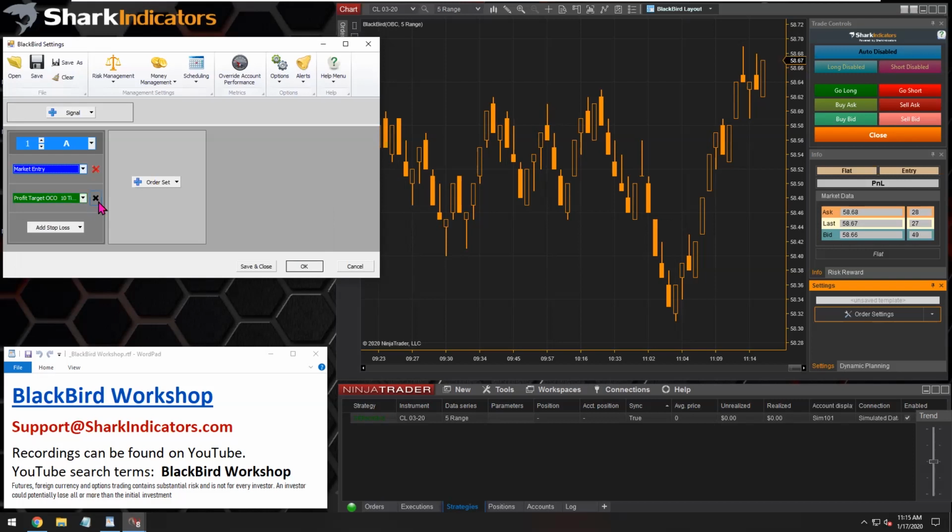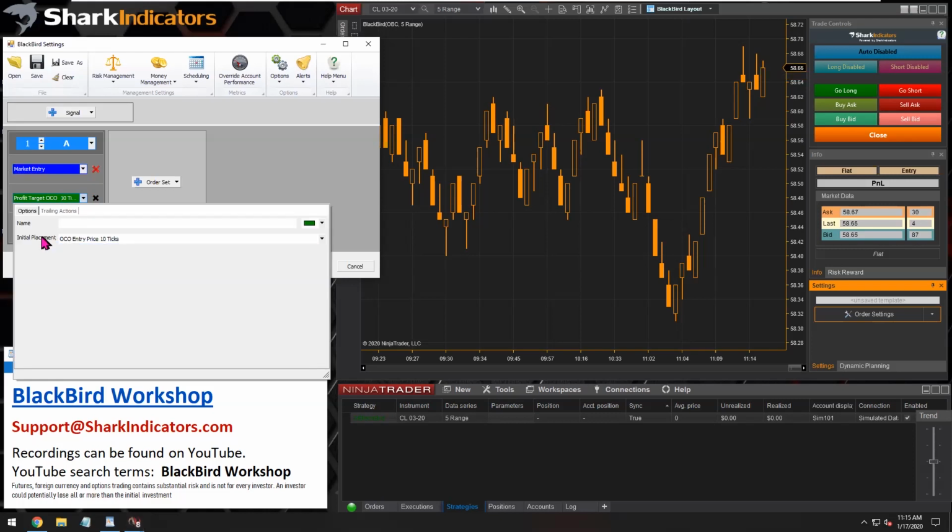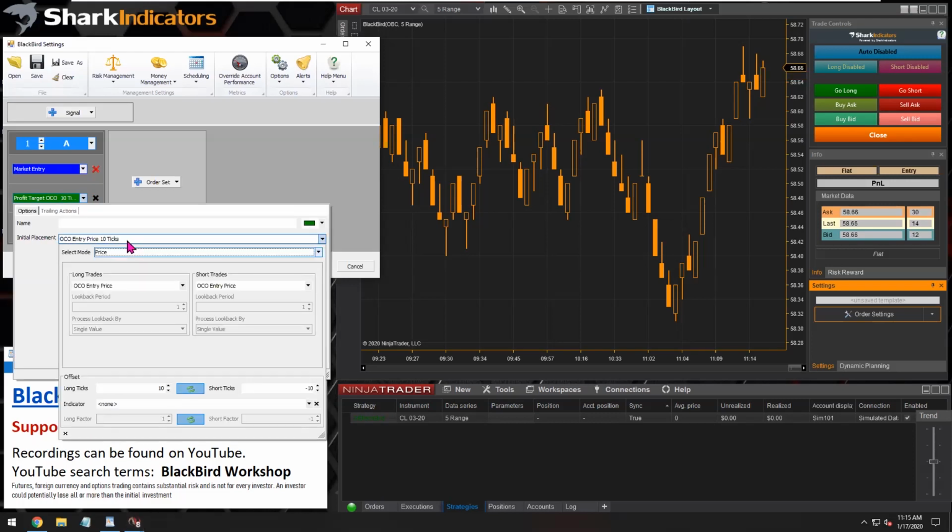Let me slow this down a little bit. For the profit target, I used the 10-tick from the quick list, and then we'll go in here and modify the offset. We'll knock it down to 8 ticks.